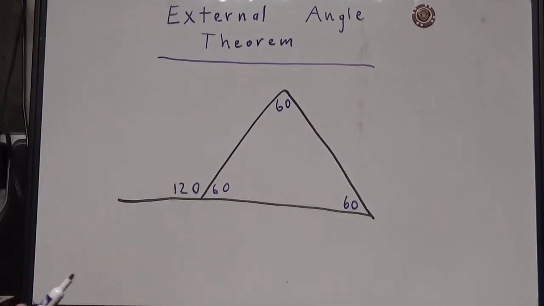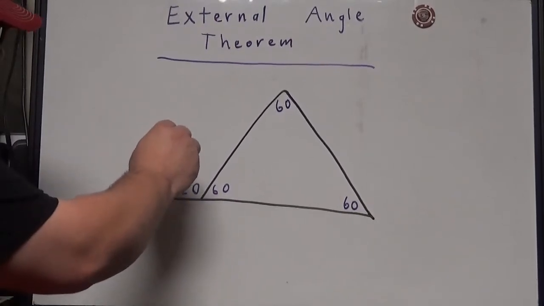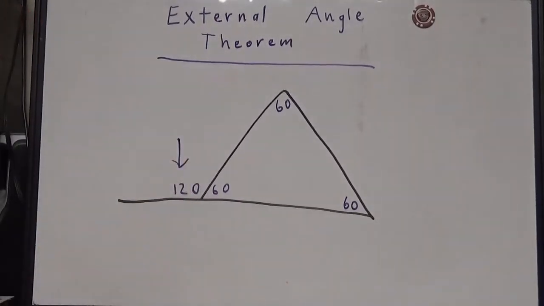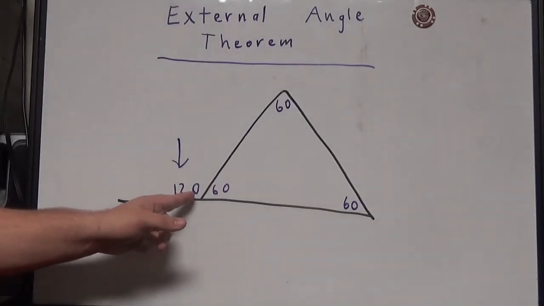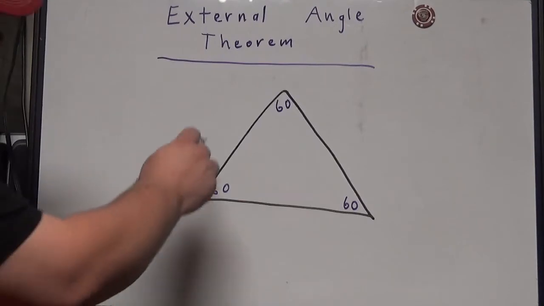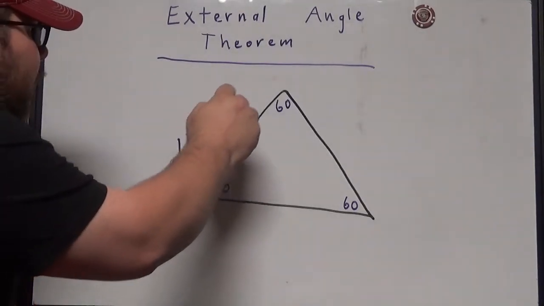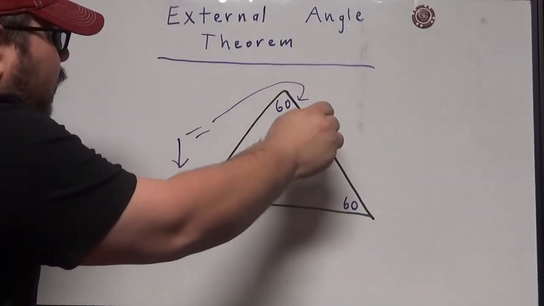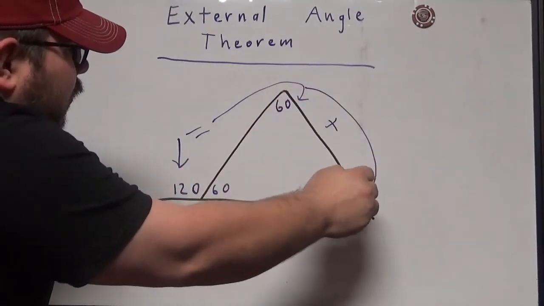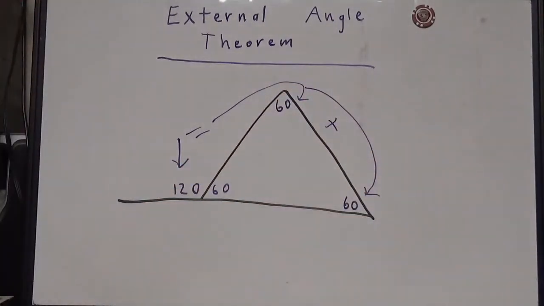So the simplest way to think of external angle theorem is this: the angle right outside the triangle equals these two angles.